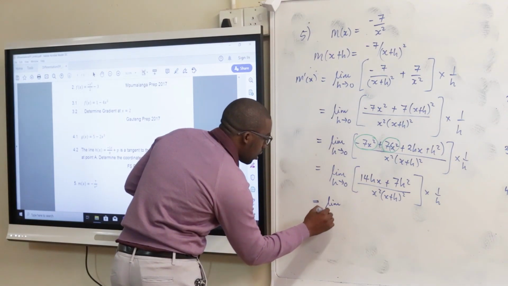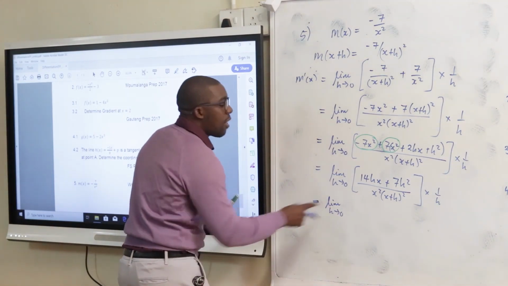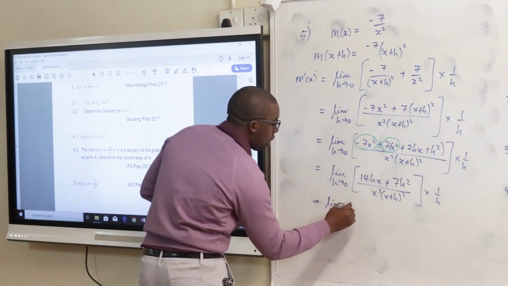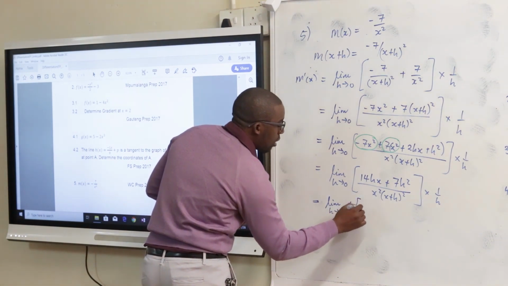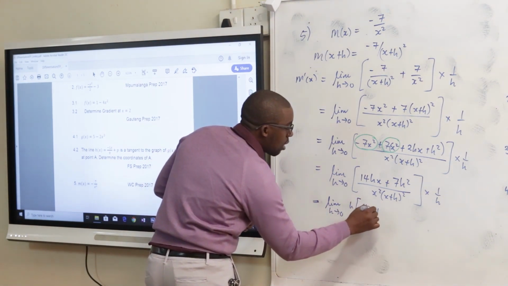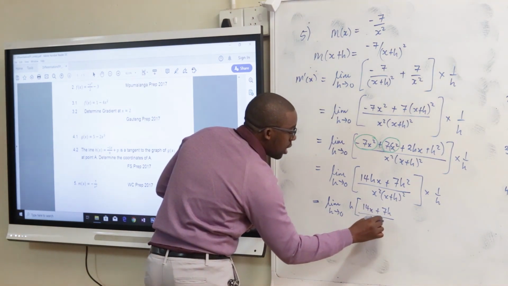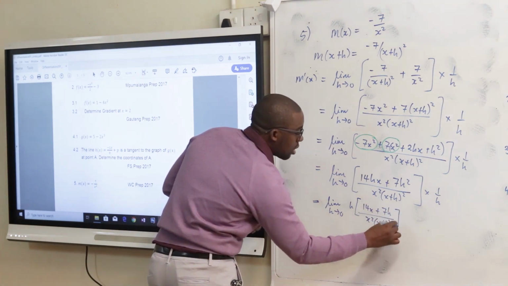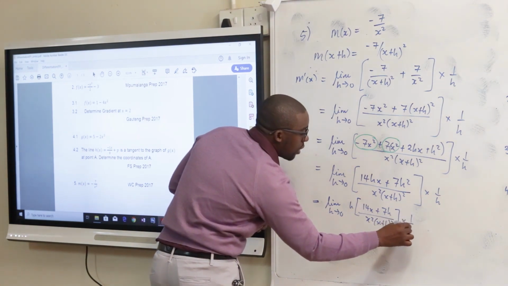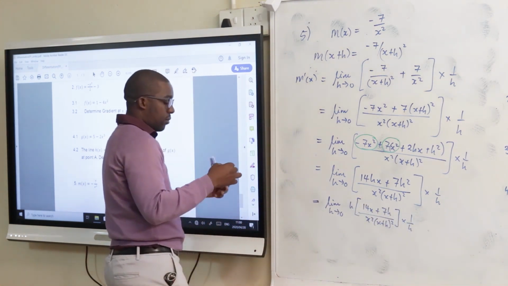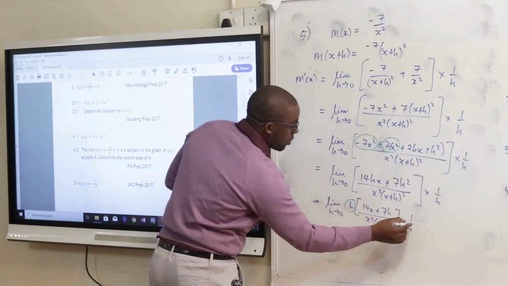Limit as h goes to 0. I'm going to factor out an h. H comes outside, leaving me with 14x plus 7h all over x squared times (x plus h) squared, multiplied by 1 over h. This will cancel that.